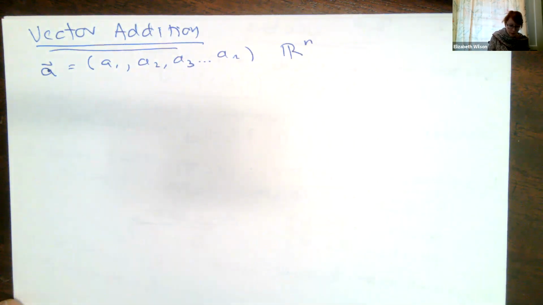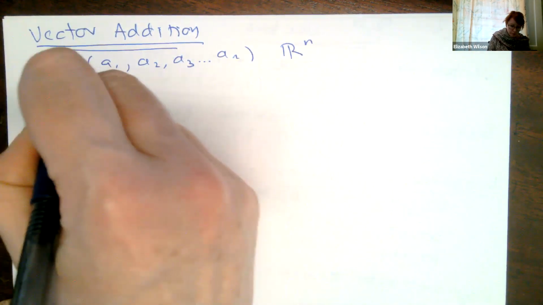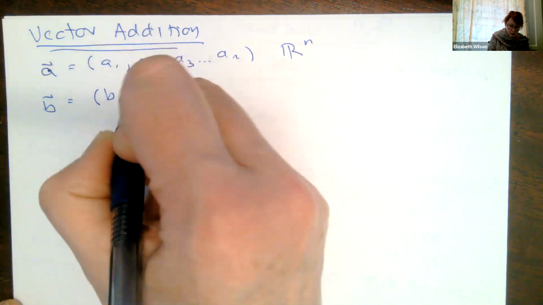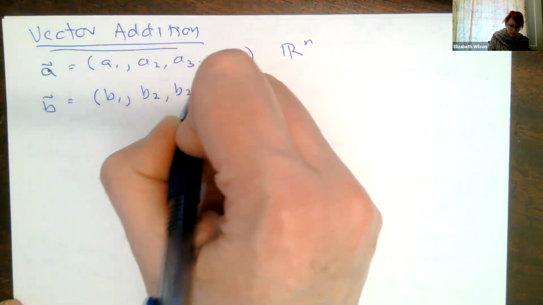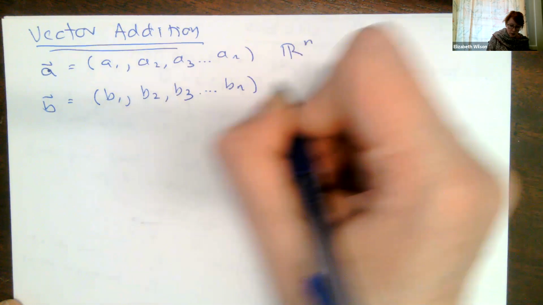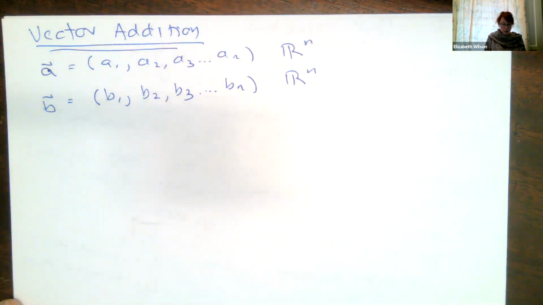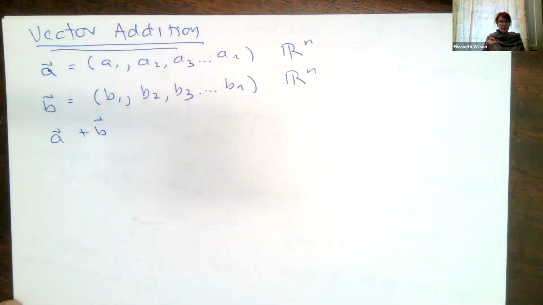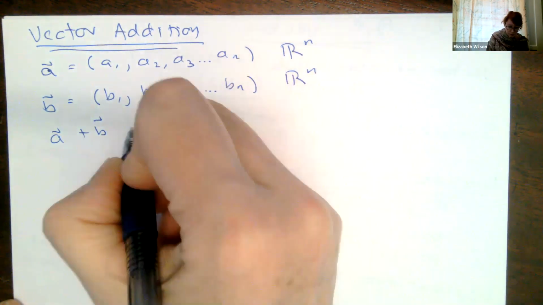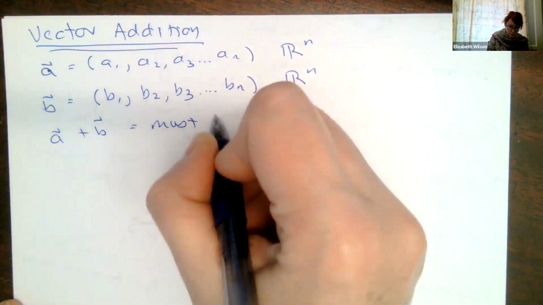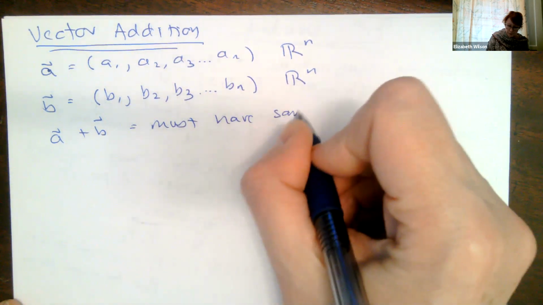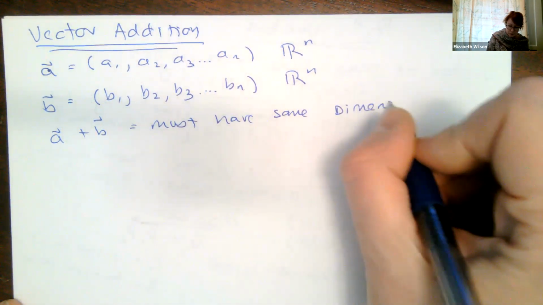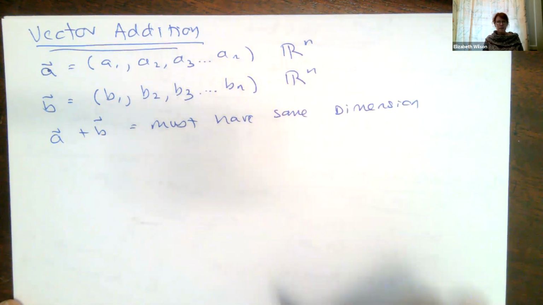I've got the vector B, which has components B1, B2, B3, all the way up to Bn, also in n-dimensional space. If I want to add the two vectors together, they must have the same dimension. If you're adding things and you have bits left over, you can't add those, okay?